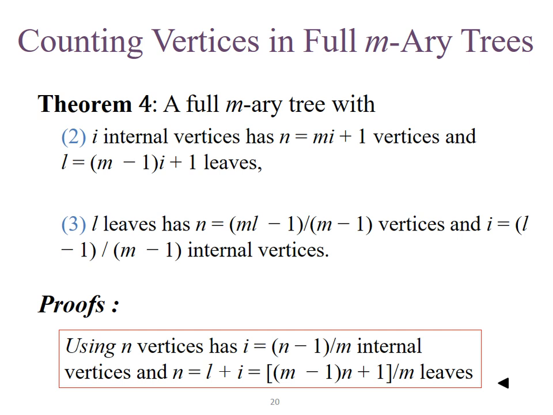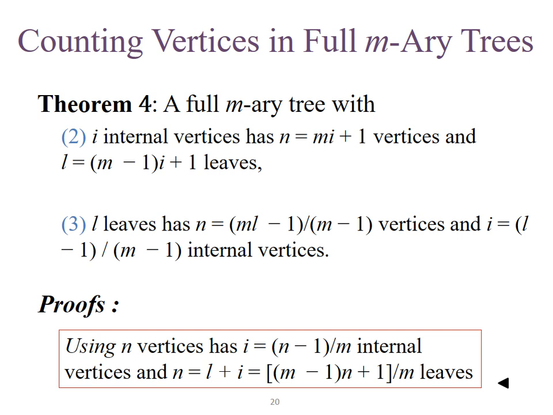Now we can see the known variables are m and l, and we need to calculate n and i. By these equations, we can see they both represent n, so we can derive this equation.